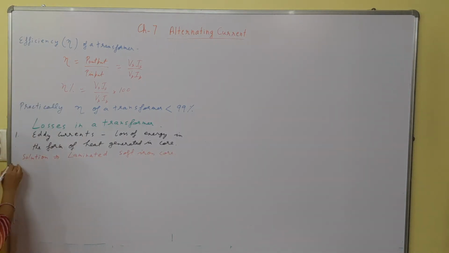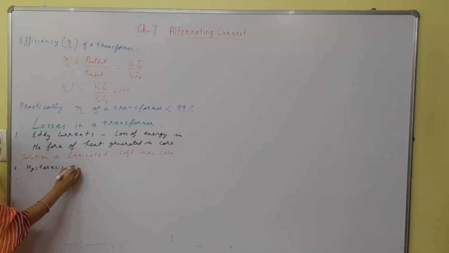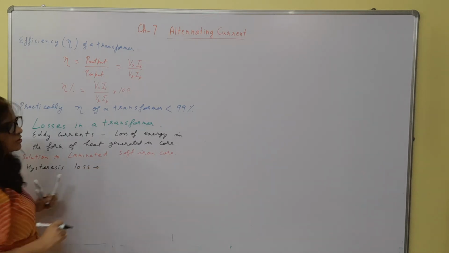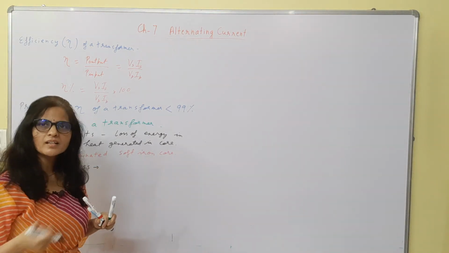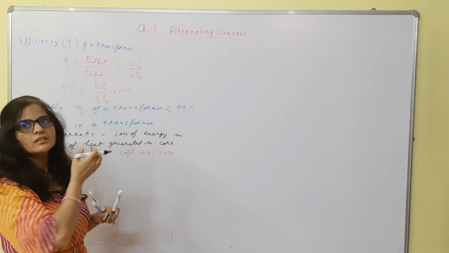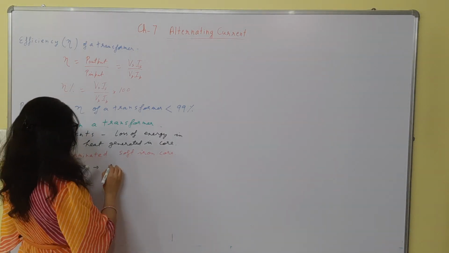Second is hysteresis loss. So hysteresis loss is the loss of energy during the magnetization and demagnetization of a magnetic material.